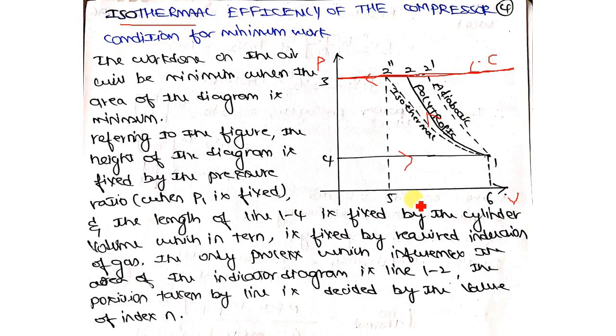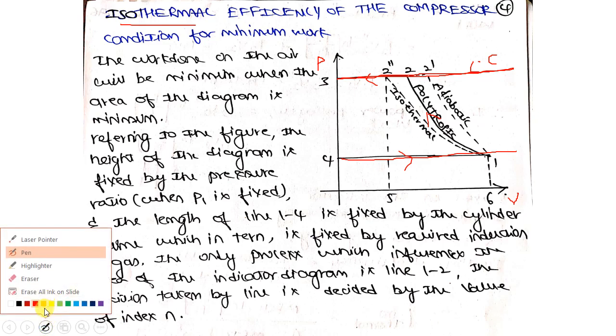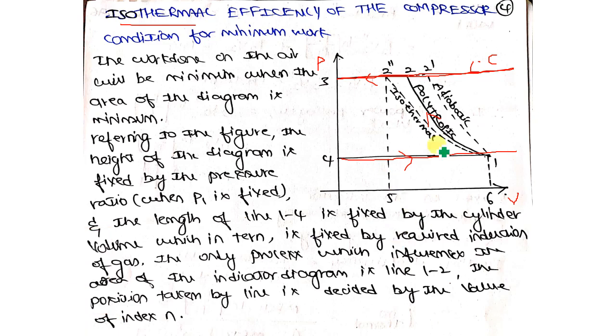And 4 to 1, which is your intake stroke, almost all happens at atmospheric pressure. So that also cannot be varied much. So practically, how much work has been input into the compressor to generate that pressurized air depends on only one process, that is process 1 to 2.